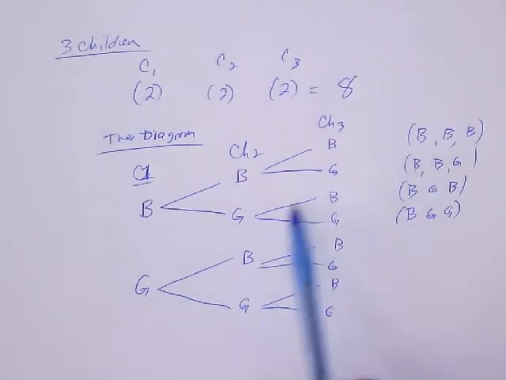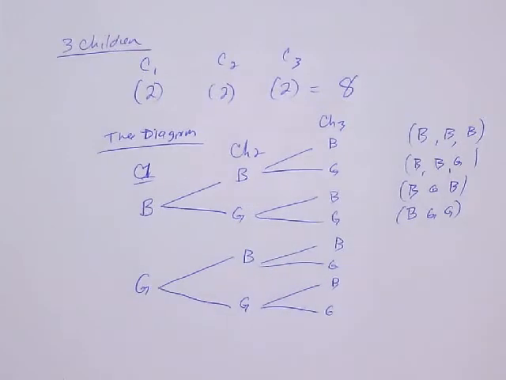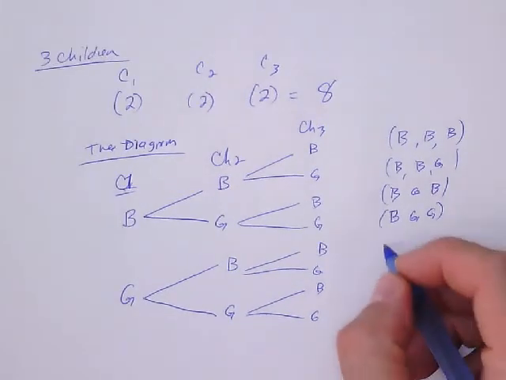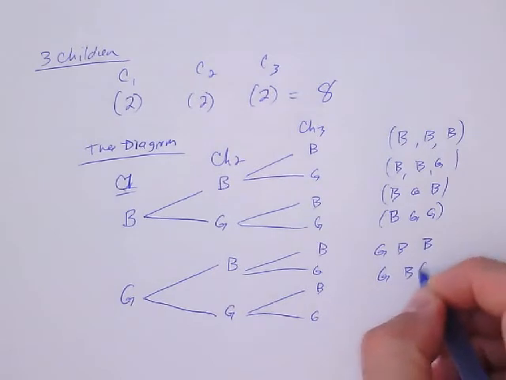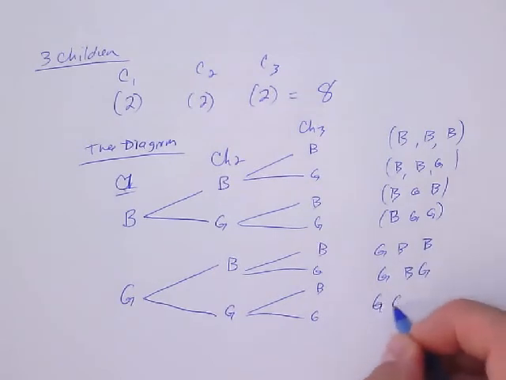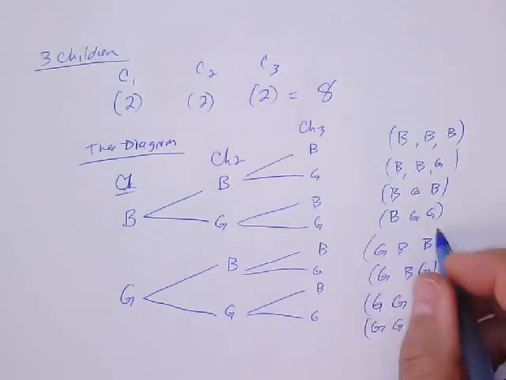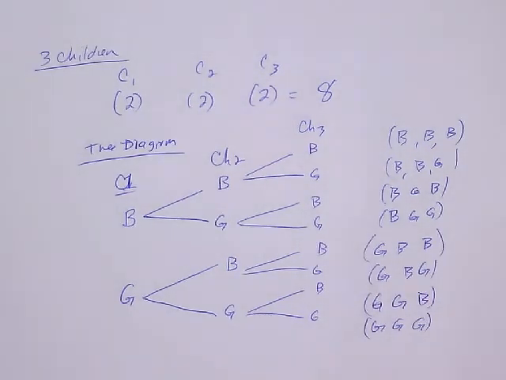So that's just following branch 1, branch 2, branch 3, branch 4. Then you could go girl, boy, boy, girl, boy, girl, girl, girl, boy, or all girls. Okay? So those are all the different ways that you can arrange 3 children within a family.